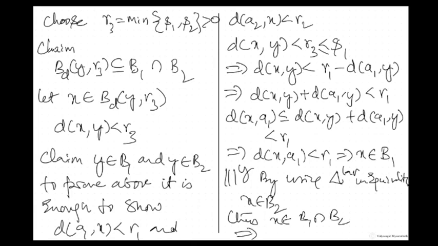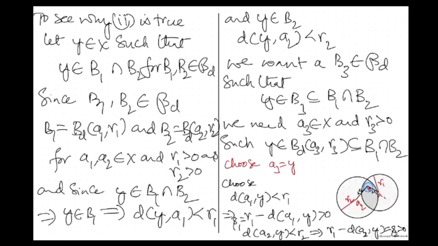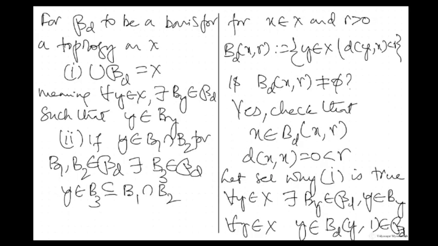That would mean that the open ball of radius r3 centered at y is a subset of B1 intersection B2. That would mean that B_d, the collection of all open balls, is a basis for a topology on the set X.